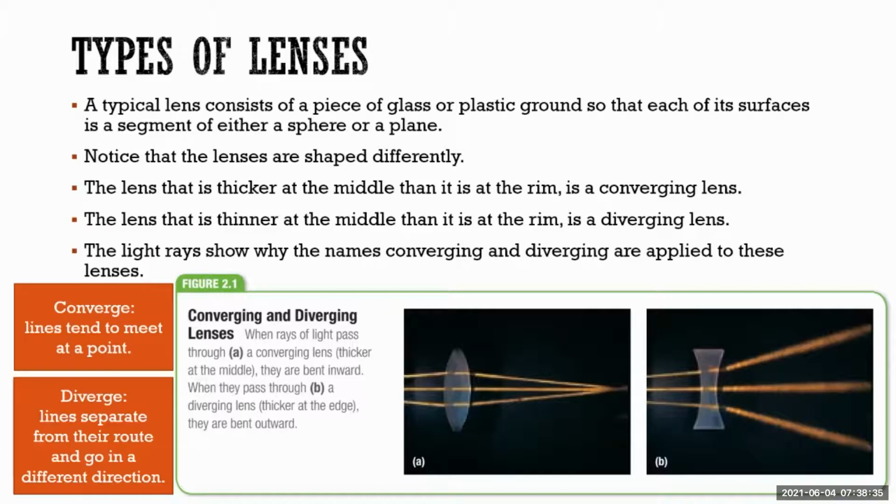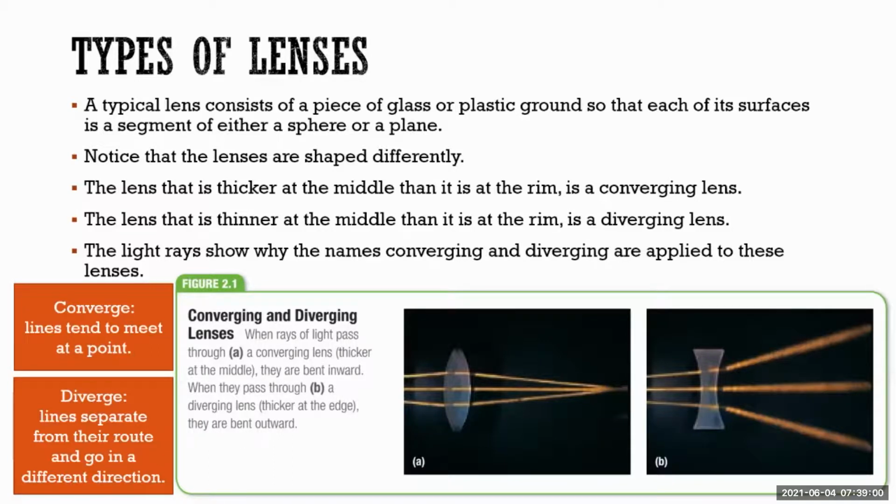Notice that the lenses are shaped differently. Converging lenses are those that look like an almond. The converging lens looks like an almond to me, so it's easy for me to identify.